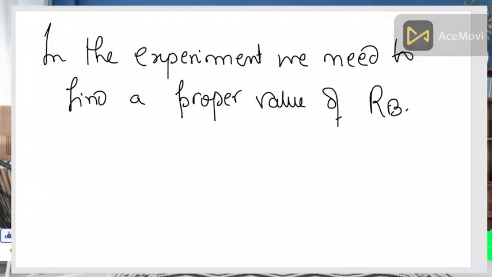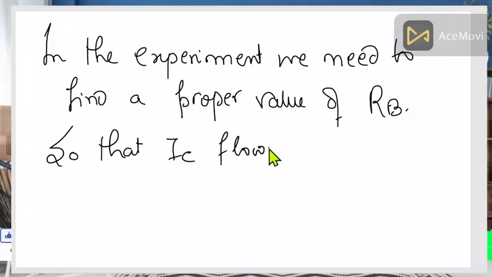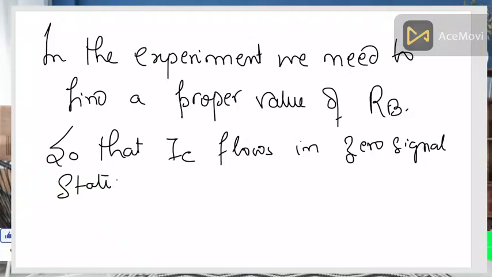This is the base resistance that we have to calculate, so that the required collector current IC flows in the zero signal condition without any signal. We have to get an output current in the zero signal state, then only you will be able to fix the Q point.